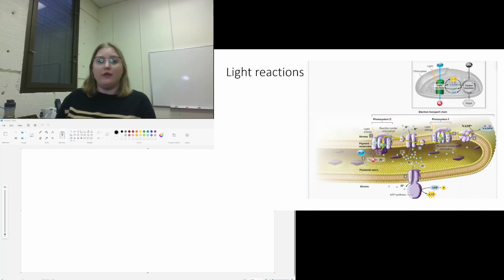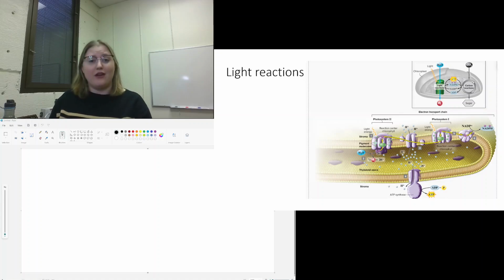Okay, so this is a closer look at what our light reactions look like. This is very complicated and has a lot of moving parts, and you will not need to memorize this. I want you to pay attention to what proteins are involved here, and I want you to pay attention to the energy levels and the concentration gradients, okay?